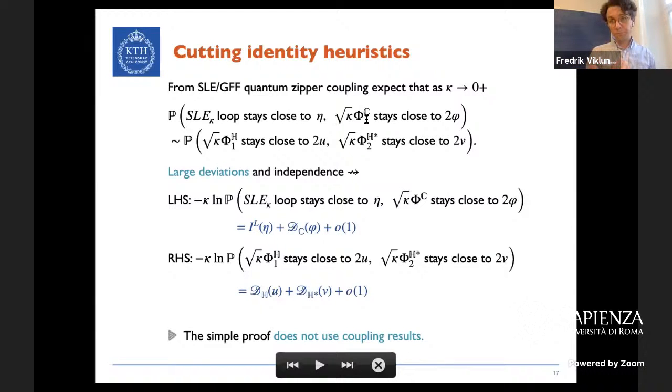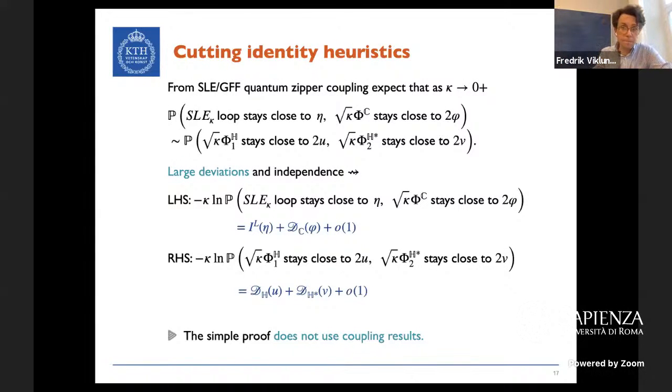Then assuming this coupling, and ignoring log singularities, as kappa goes to 0, this should behave like the same sort of probability where you have fields on the upper and lower half planes that come from cutting using this SLE curve.